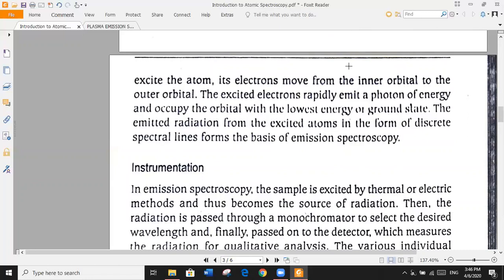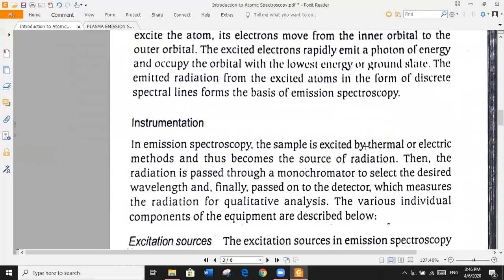That is, excited electrons emit the energy and come back to their lowest or ground energy state. The emitted radiation from excited atoms in the form of discrete spectral lines forms the basis of emission spectroscopy.